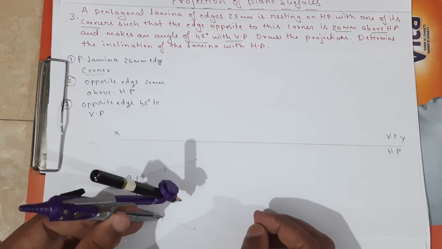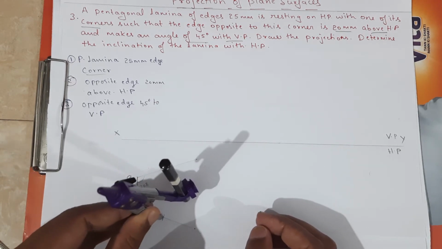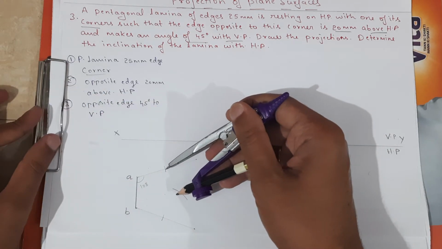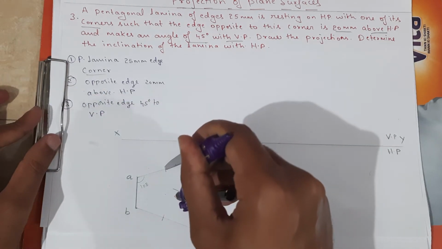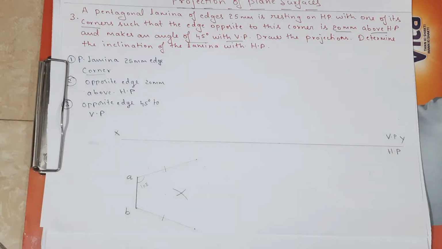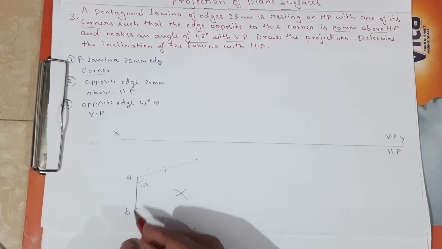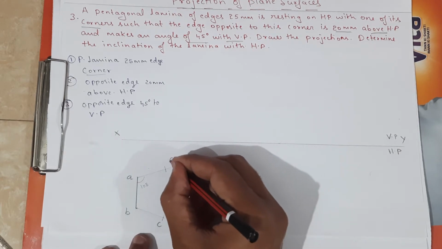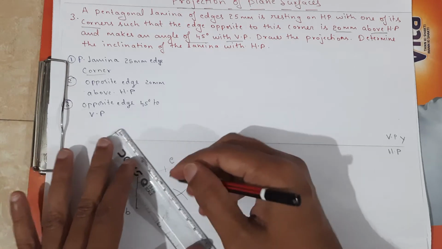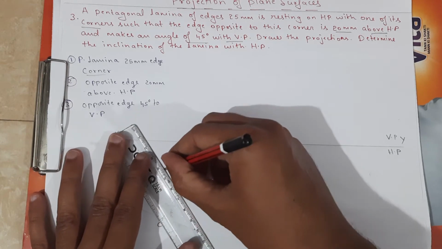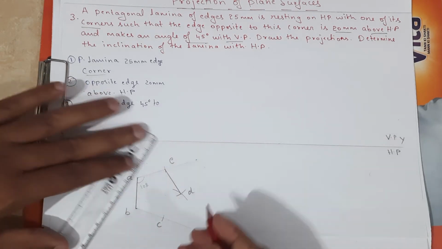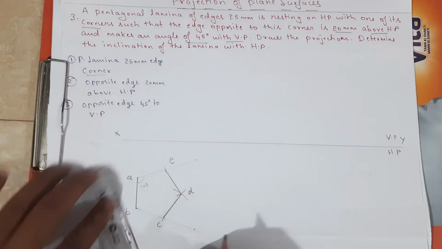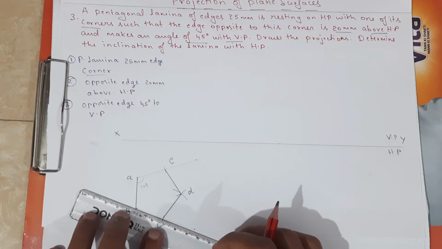From these corners I draw arcs where they cut, giving another corner. These are A, B, C, D and E. A pentagon has 5 corners. I join all 5 edges, and that must be dark.